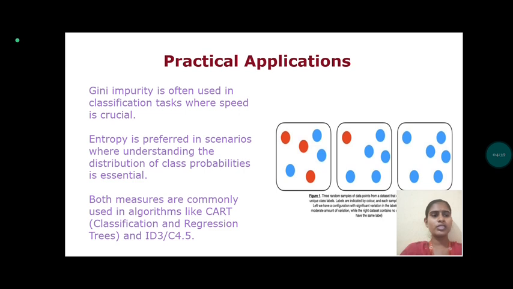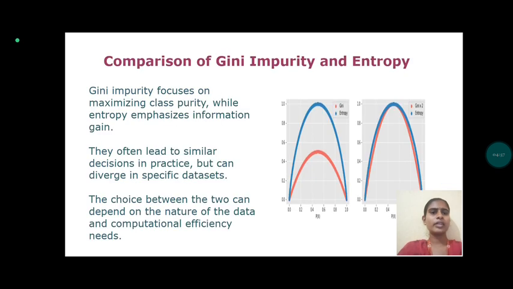Both methods are commonly used in algorithms like CART, which means classification and regression trees, and ID3, C4.5.